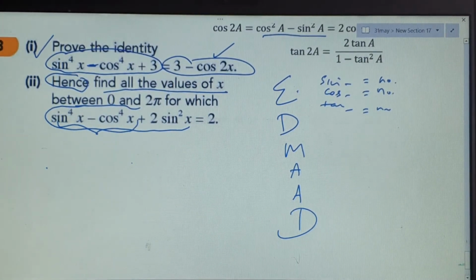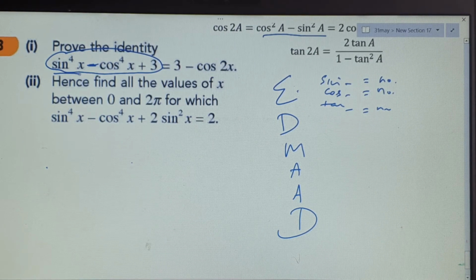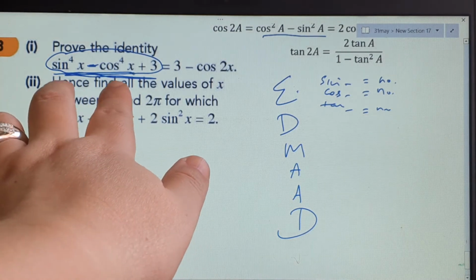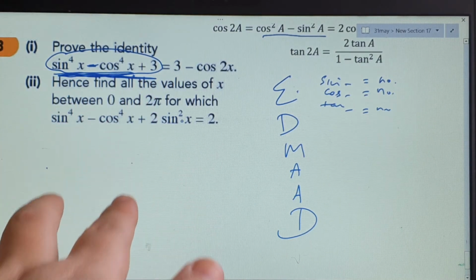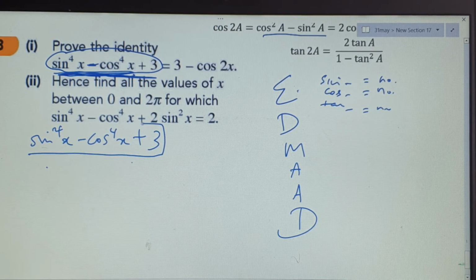So how? Okay, so what you do is like that. Now we don't have the plus 3 here, right? We only have, okay, let me erase all this. We only have this whole part here, without the plus 3, right? So what I'm going to do is I'm going to plus 3 to both sides. Why like that? So that I can replace this whole thing with this whole thing.